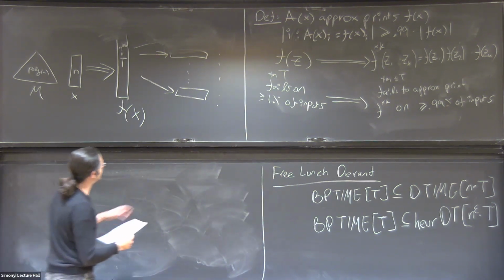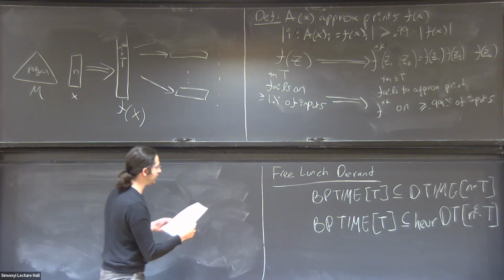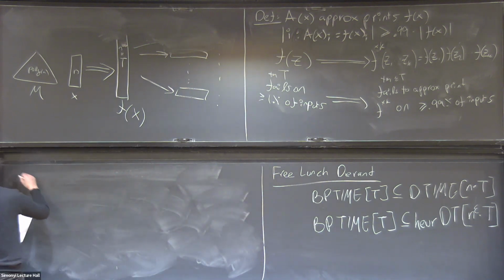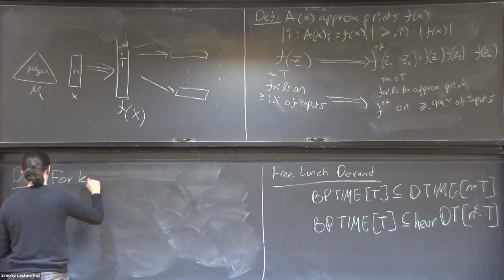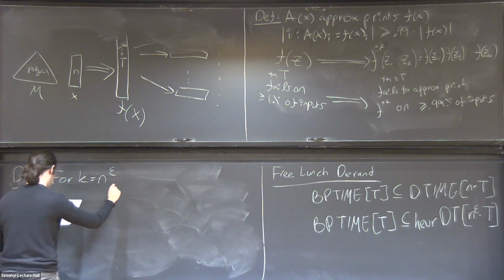All right. So now I'm going to write, maybe I can do it over here. And I know I need to write large. So fix the value of k that will be good for us. This is an ad hoc definition. k is n to the epsilon.